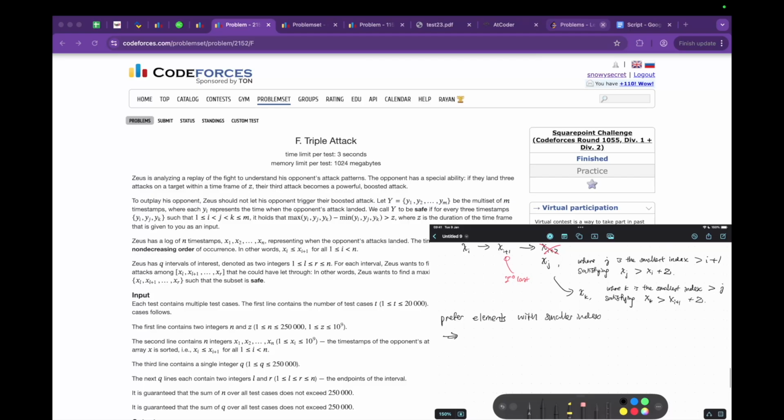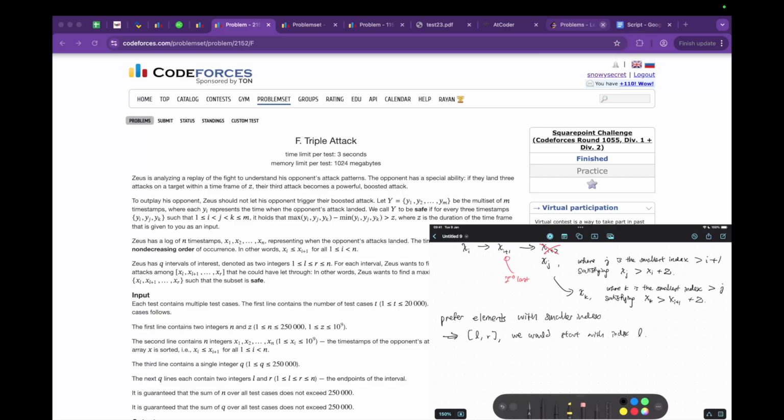That means, given query L to R, we would start with index L. And that is because earlier elements give us constraints on future elements that are smaller.